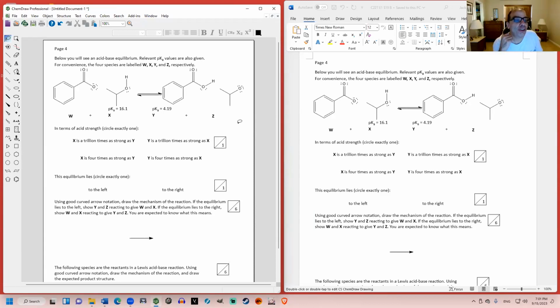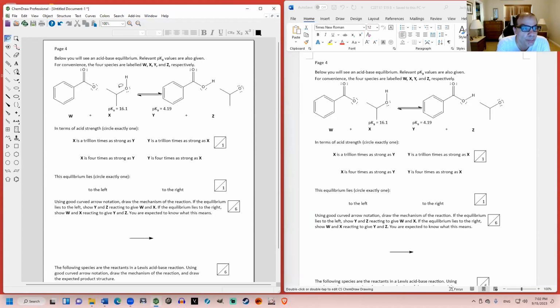So the first one is showing an acid-base equilibrium. And here I'm giving the pKa's of the two acids. Now remember that the equilibrium always favors the side of the weaker acid. What that means is the thing that has the higher pKa. Remember, the higher the pKa, the weaker the acid, the lower the pKa, the stronger the acid. So the side of the equation that has the higher pKa will be favored.